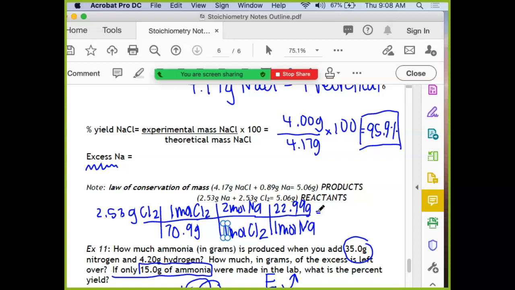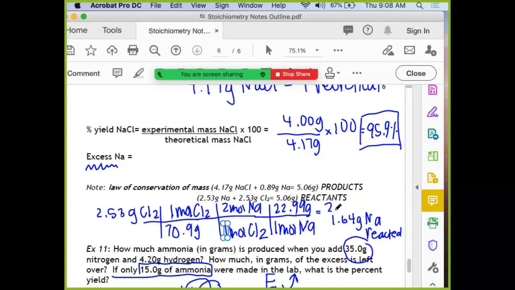So do not forget, when you calculate this out, this number is how much reacted. So it looks like 1.64 grams of sodium reacted before the chlorine ran out.